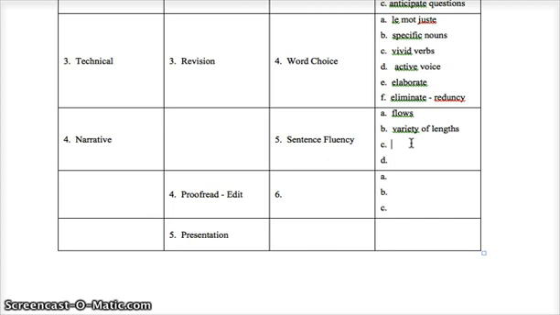And then the other aspect of sentence fluency is you want to make sure that you have a variety of sentence beginnings. Typically, we tend to write our sentences subject, noun, verb, and you know that's okay. It's okay to do that 75% of the time.